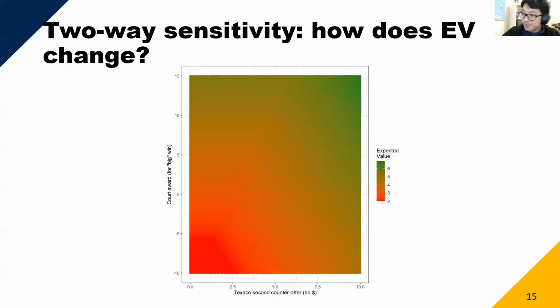Okay, two-way sensitivity. If I change the award from winning big, and I change the award for the second counter offer, we can see how the expected value of your decision tree starts to change.